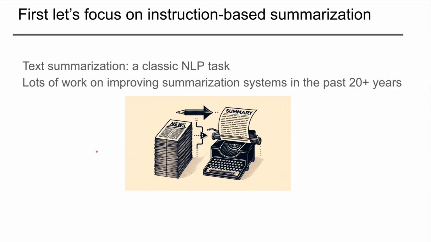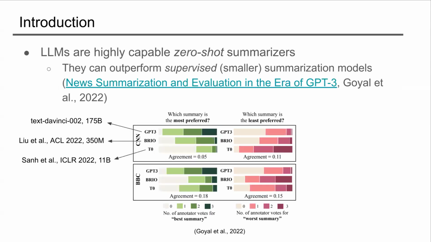Summarization is a classic NLP task. People have been working on this for the past 20 plus years, and there's been a lot of progress. I want to tell you how this changed since LLMs came about.